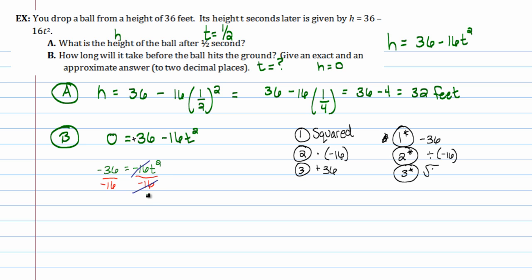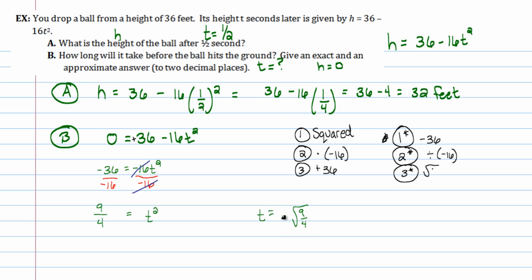On the left-hand side, negative over negative is positive, and 16 and 36 both share a common factor of, let's see, 4. So 4 goes into 16 4 times, 4 goes into 36 9 times. And then you would take the square root of both sides. So t is equal to the square root of 9 fourths.